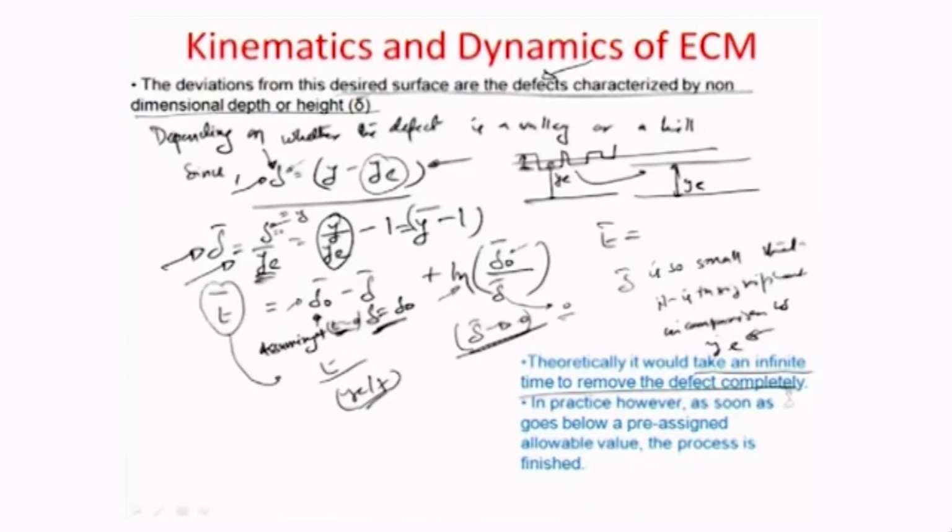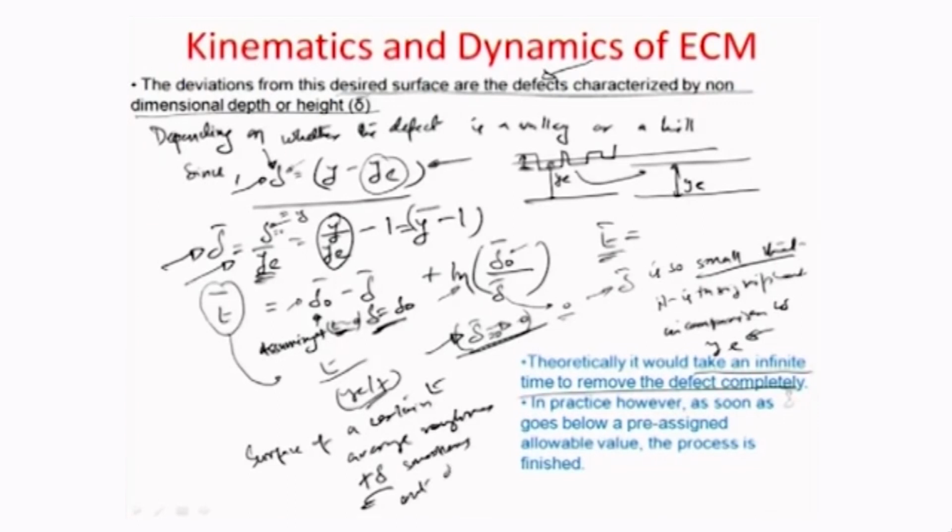So we really need to wait for just a time instance t up to which this delta dash may not be equal to 0, but very, very close or negligibly small and can be considered for all practical purposes to be 0, okay. So that is how you can get an idea of when a surface of a certain average roughness, again given by delta, smoothens out due to the smoothing effect of an ECM process, okay.